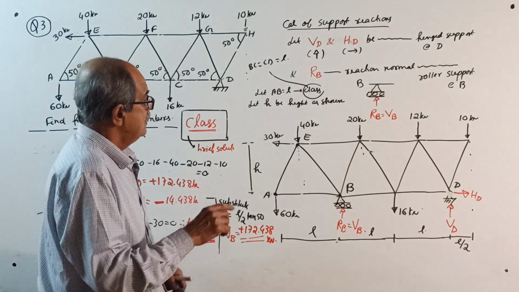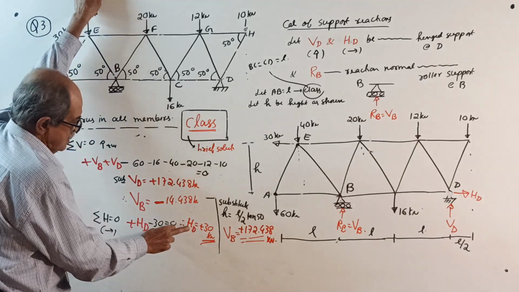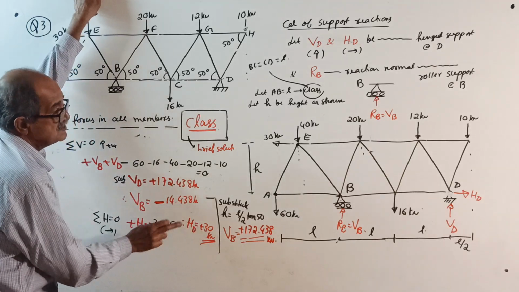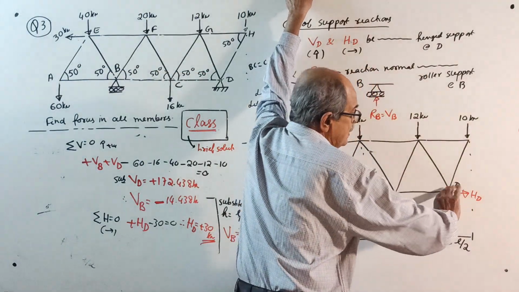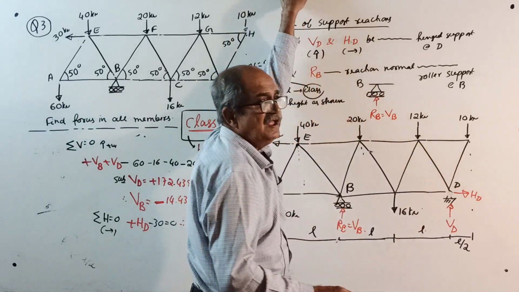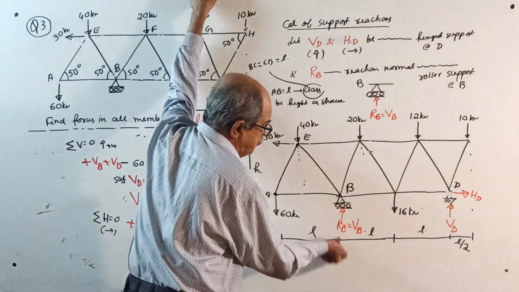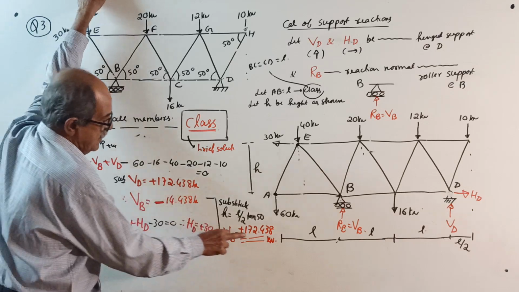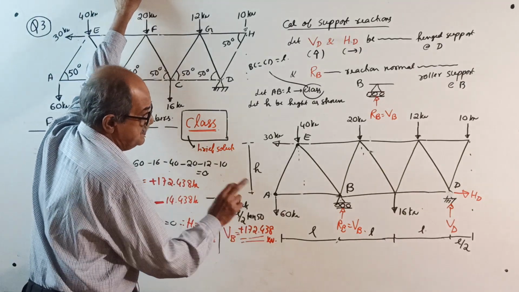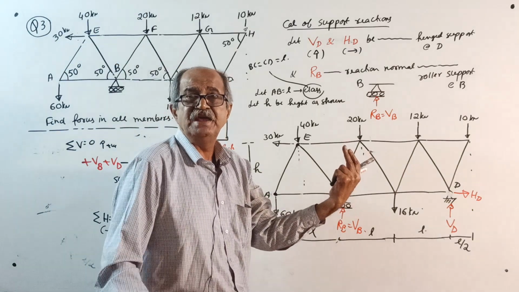See here, when you go to the star sketch, HD we got plus. We assumed to the right side, correct. So we will enter right side HD equals 30 kilonewton. VB we assumed upward. Answer came plus, how much? Plus 172.438. So this VB we will consider in the upward direction only. No sign now.